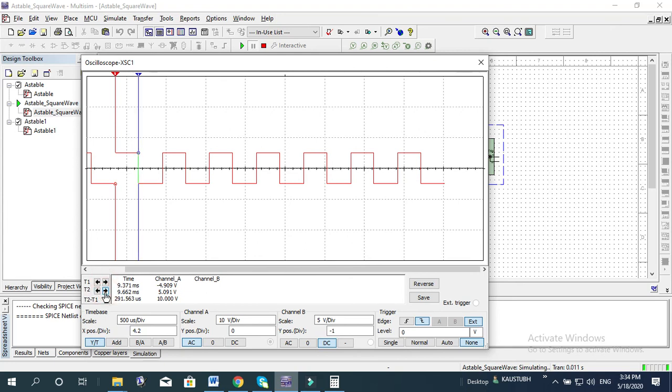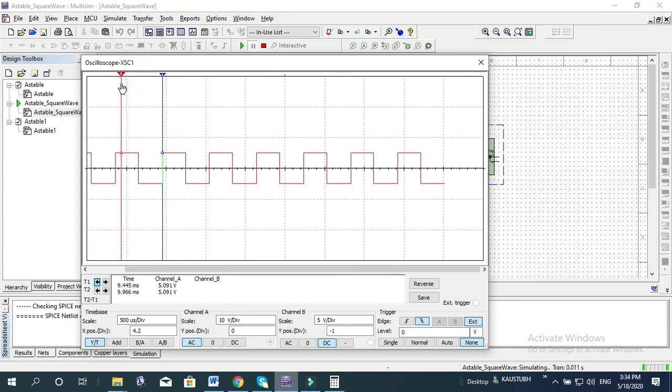So on time, as you see, 291 microsecond. Now let's check off time. It is 303, slightly greater.